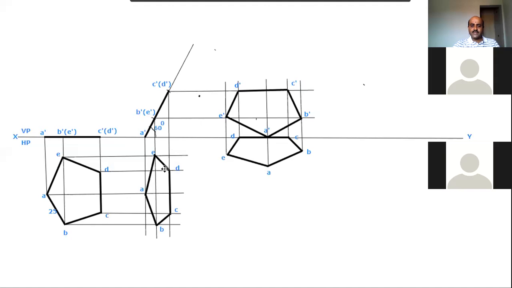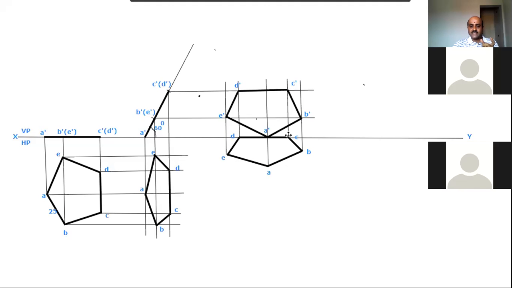Now you have to take a compass and measure DE. Please listen here. DE should be equal to BC. If you have constructed the pentagon properly, the radius of DE should be equal to BC. With D as a center, with that radius, draw an arc.